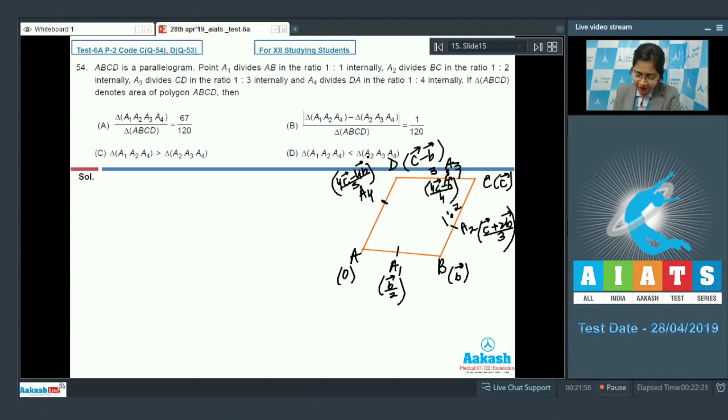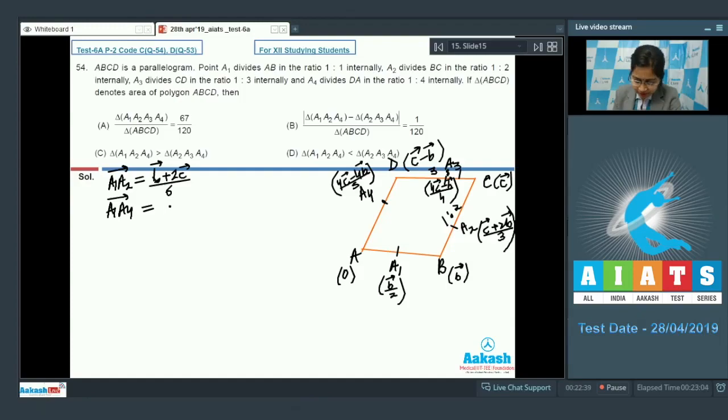Now we have to find the area of A1, A2, A4. So let us firstly find the vectors, that is A1A2, that will be equal to A2 vector minus A1 vector. So we can write it directly as (b plus 2c) upon 6. Similarly, let's find the vector A1A4, that is equal to A4 minus A1 vector.